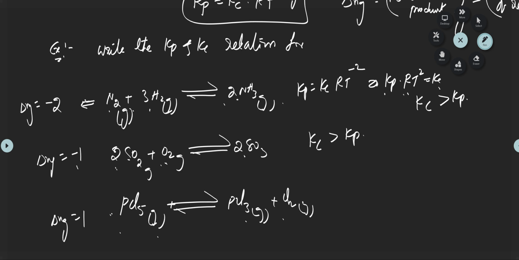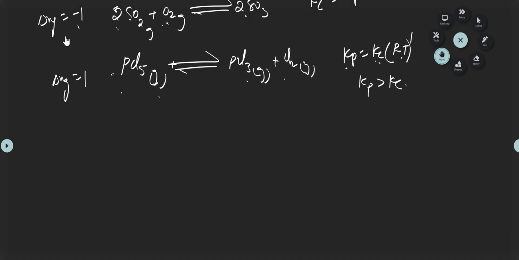Then Kp is equal to Kc into RT power 1. When Kc and RT are multiplied, it equals Kp, so Kp will be more than Kc. The powers are minus 2, minus 1, and 1.